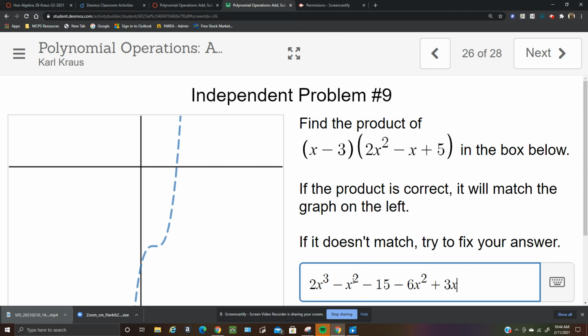So distributing the x to x cubed minus x squared plus 5x. And then distribute the negative 3. And then combine like terms.